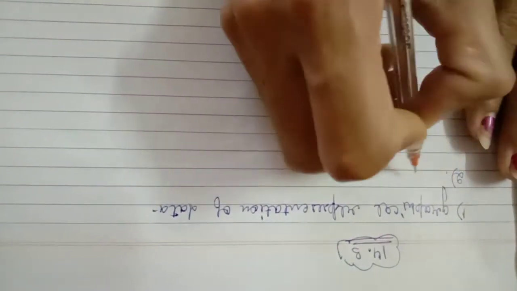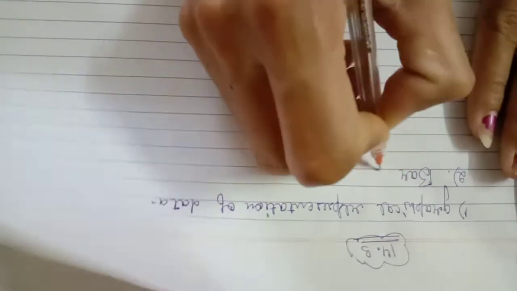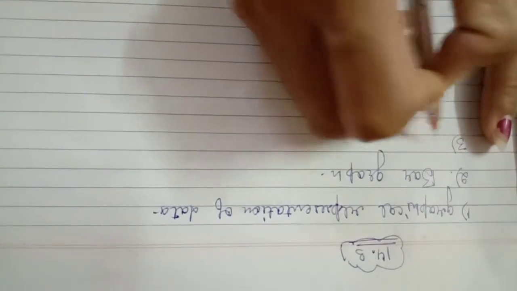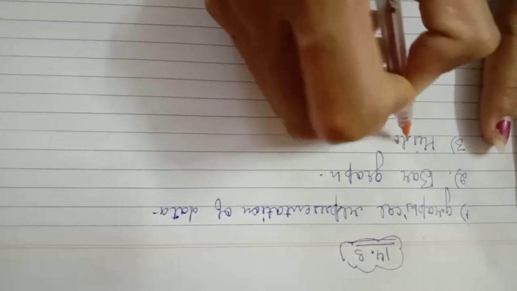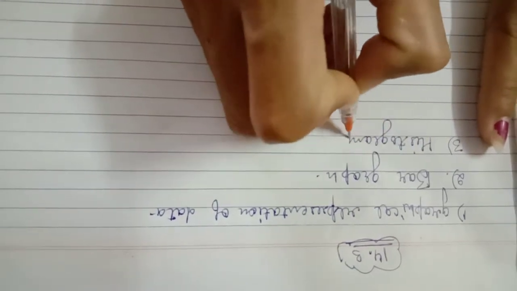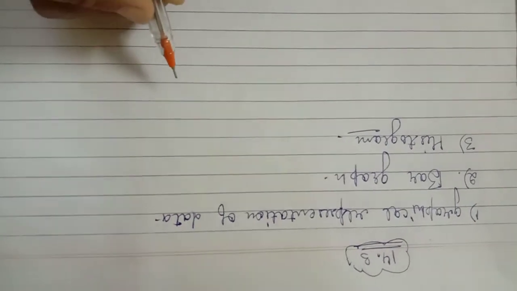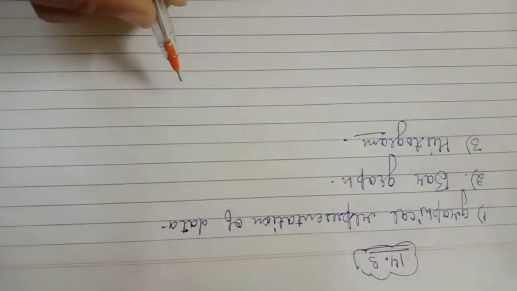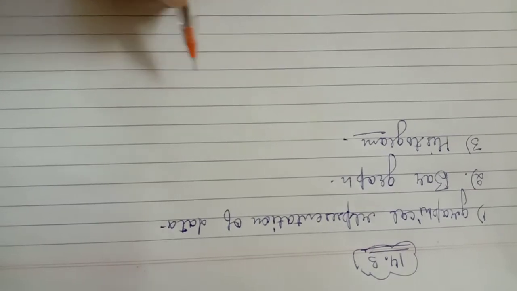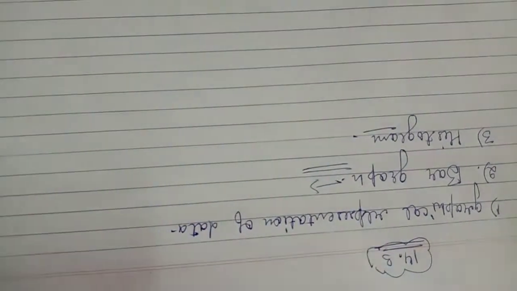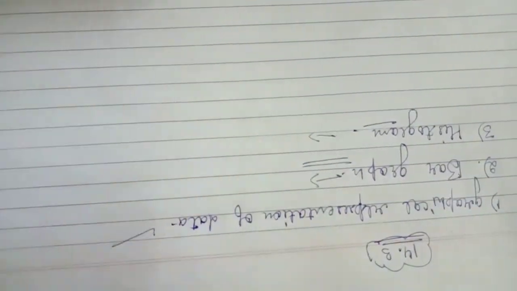Second is bar graph. And third is histogram. Firstly we are going to discuss bar graphs, after that histogram, and after that graphical representation.